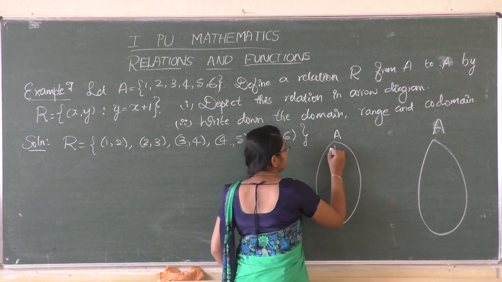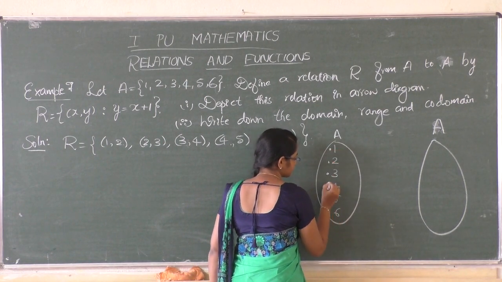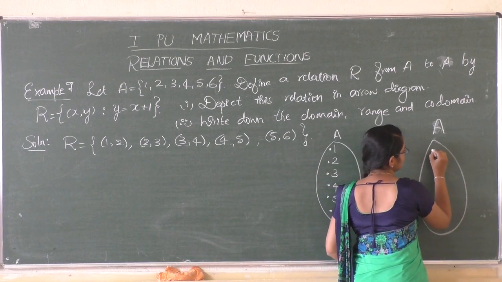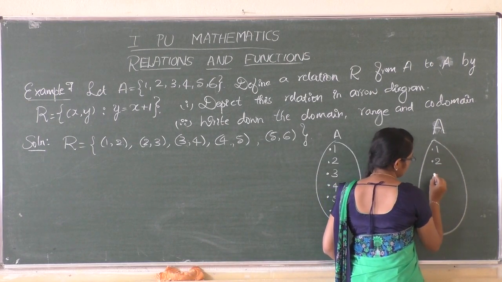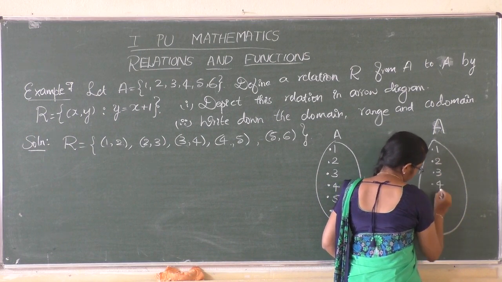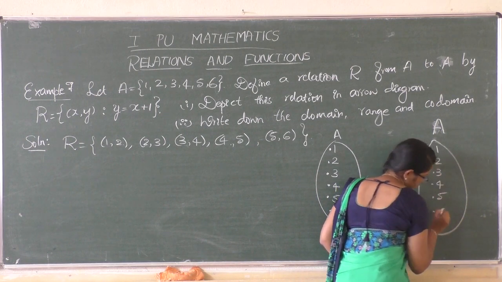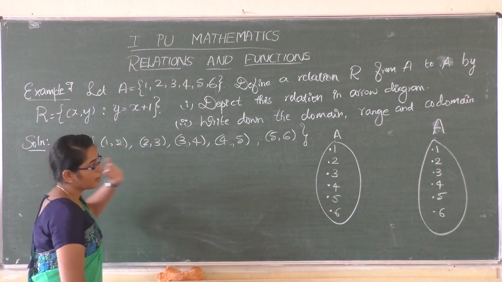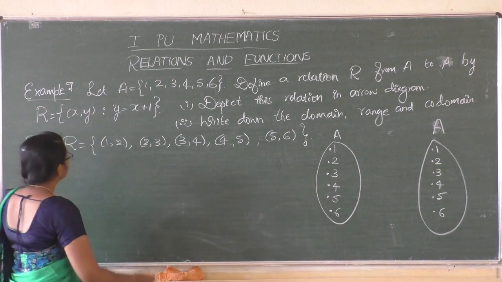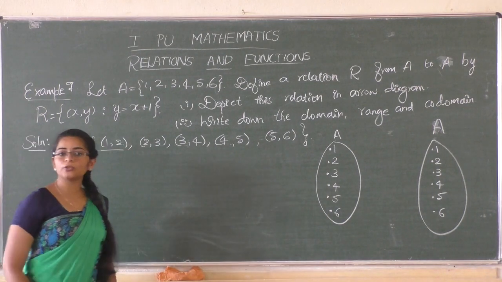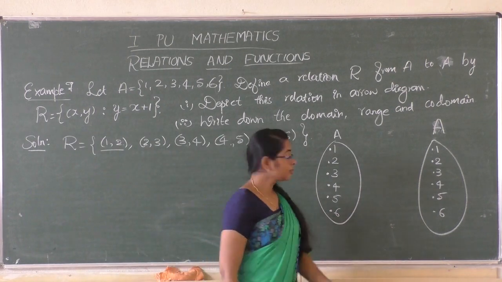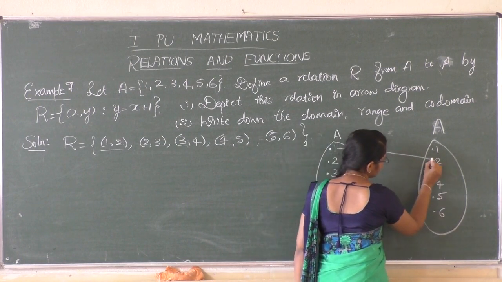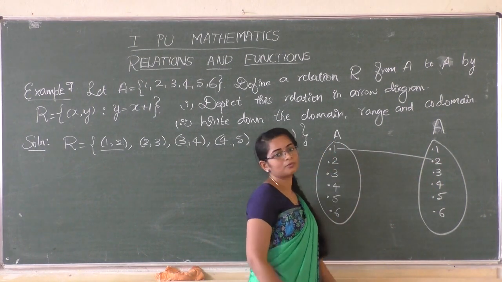We'll make corresponding points inside the set A, and here also we have 1, 2, 3, 4, 5 and 6, right? Now we need to depict this relation here. How? First element is the ordered pair 1, 2. How can I write it in the arrow diagram? 1 goes to 2. I should have an arrow mark from 1 to 2.